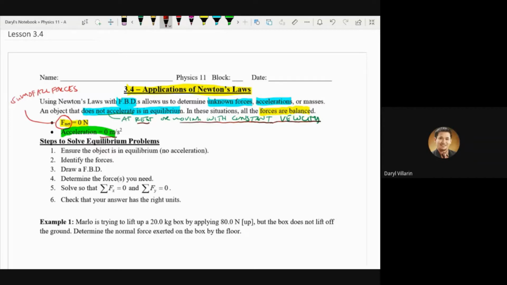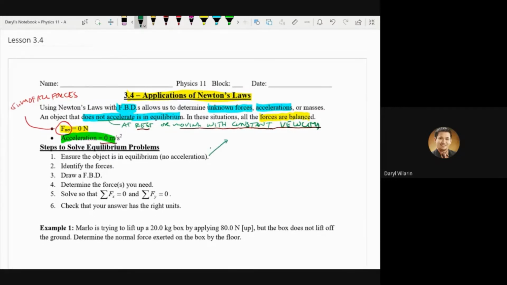So to solve equilibrium problems, these are the suggested strategy that you can do. First things first, you need to ensure that the object is in equilibrium. So again, no acceleration. It's either the object is at rest or constant velocity.